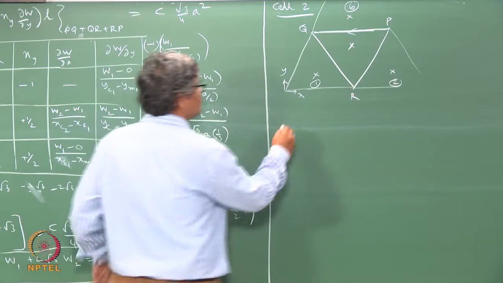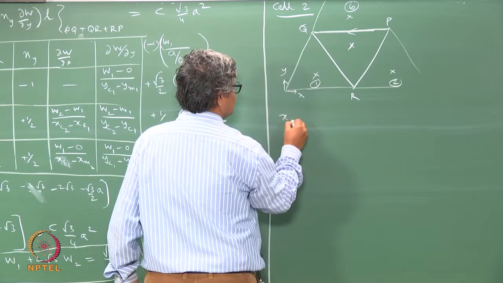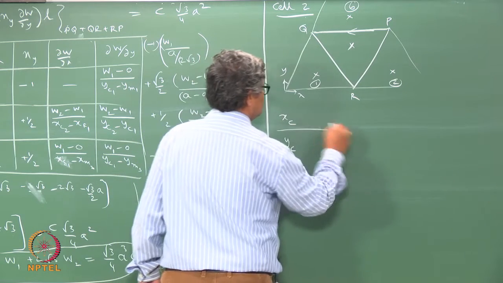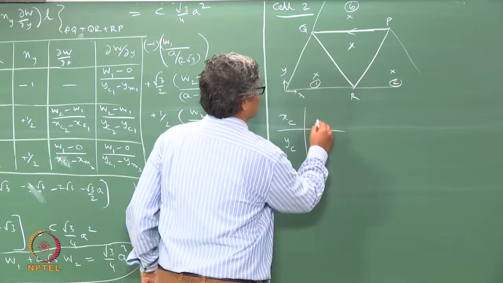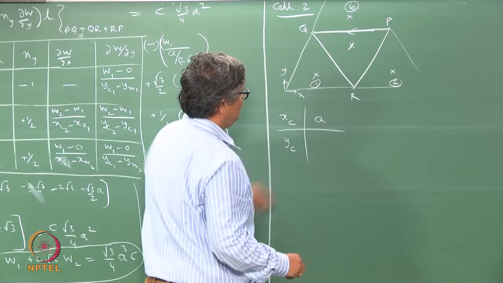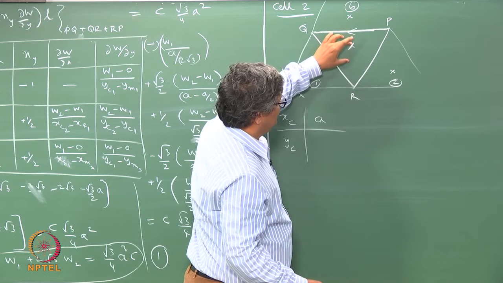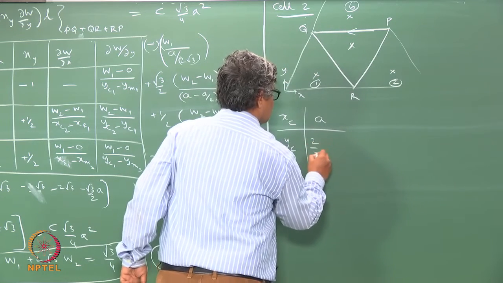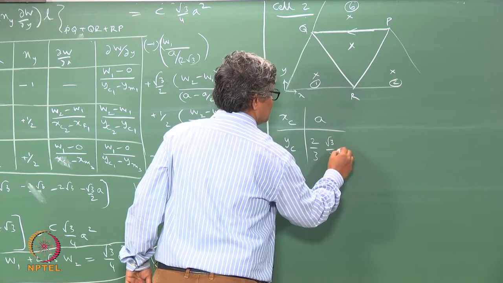So, we can say that for this space, xc is at a distance of a here and yc is at a distance of 2/3 of h. So, 2/3 of h is square root of 3/2 times a.